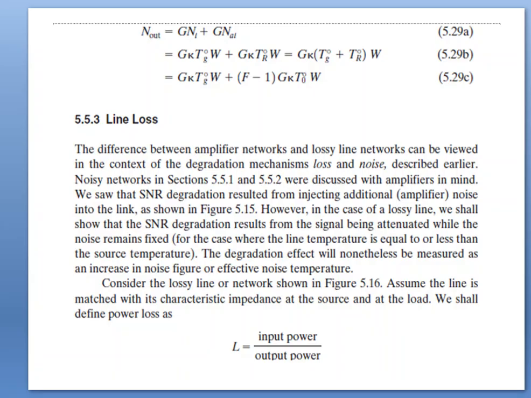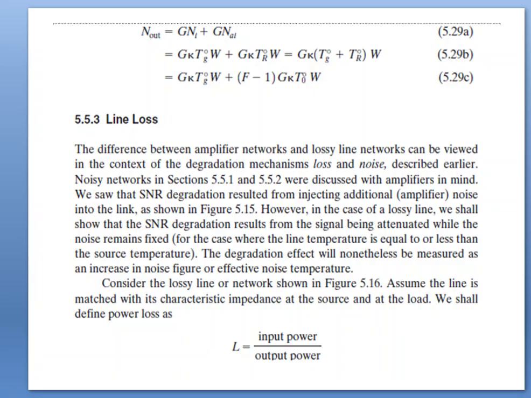For the case where the line temperature is equal to or less than the source temperature, the degradation effects will nonetheless be measured as an increase in the noise figure or effective noise temperature.